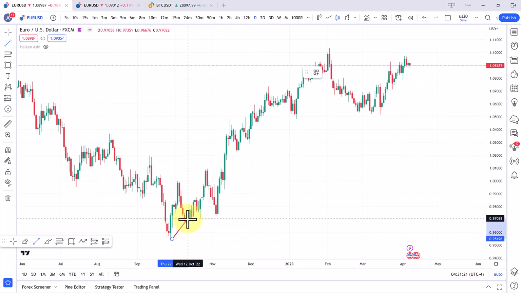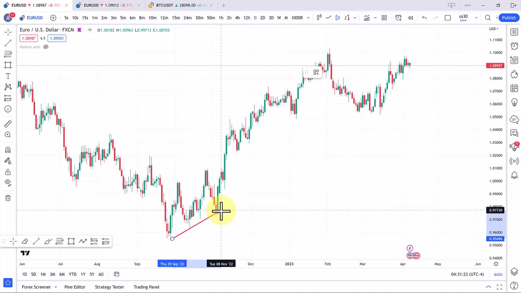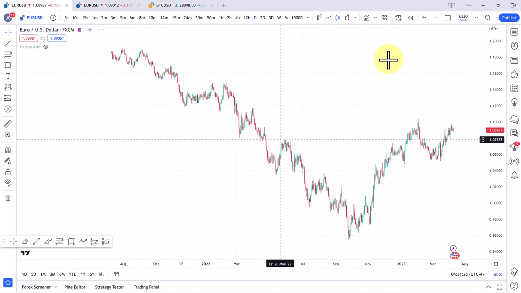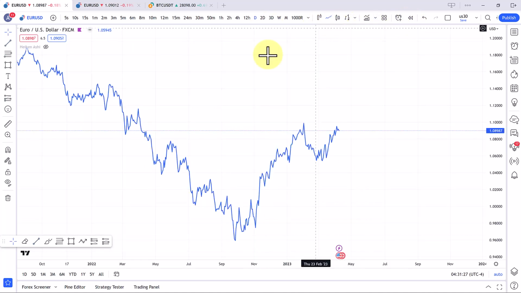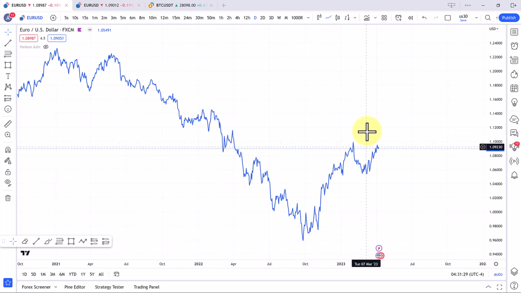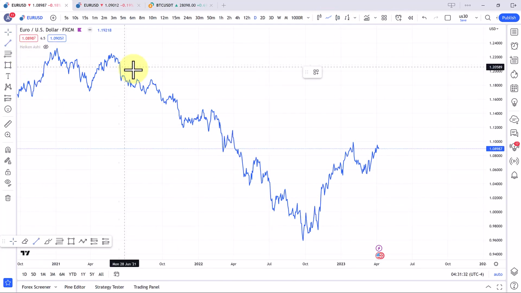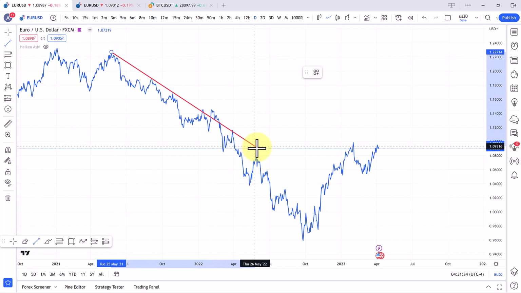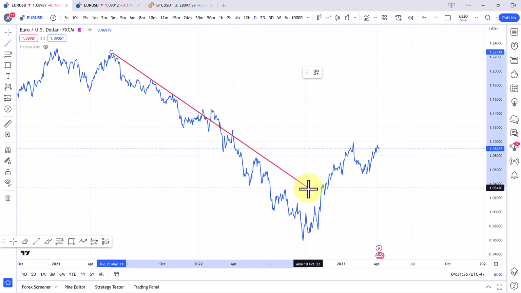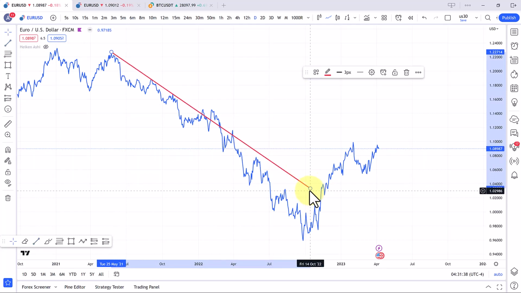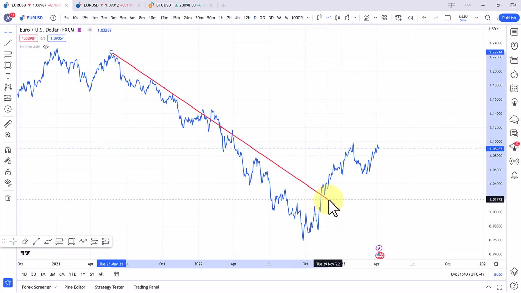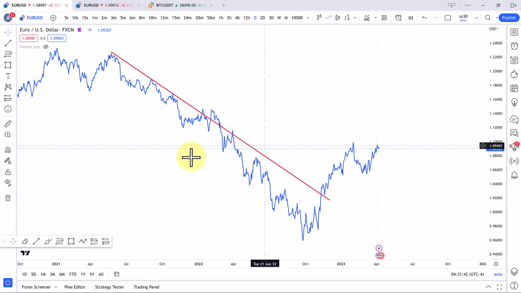We don't use the shadows or opening and closes, but when we use a line chart, we can see the flow of the market very easily, and we can draw those dynamic lines, for example here, and you can see some very good reactions and pullbacks from this line.